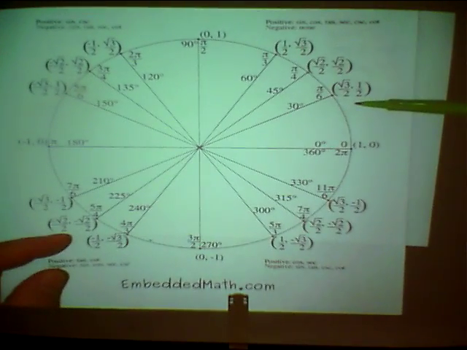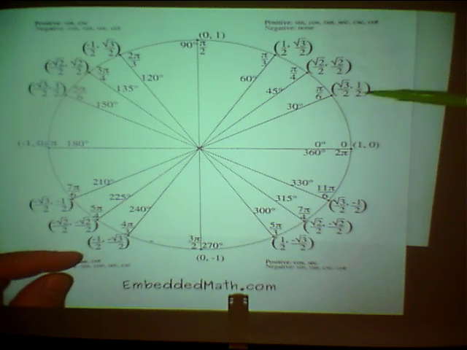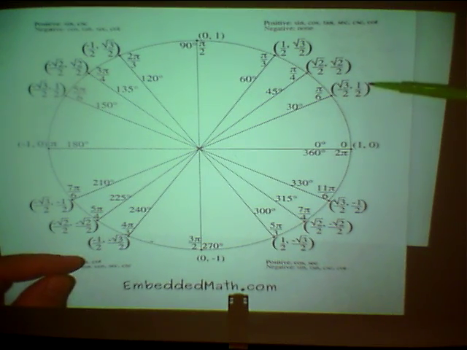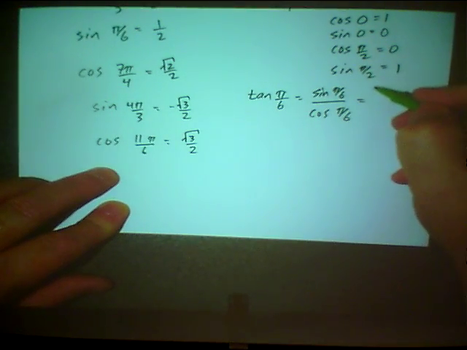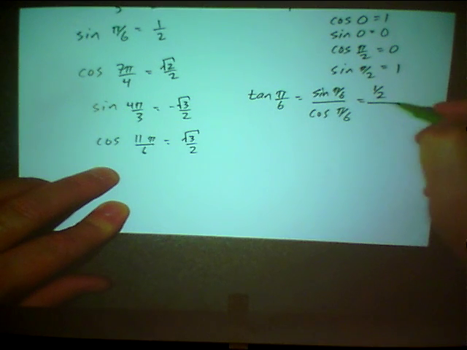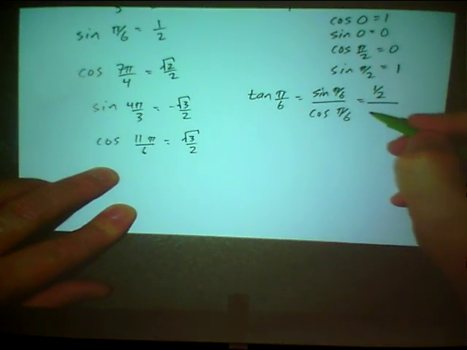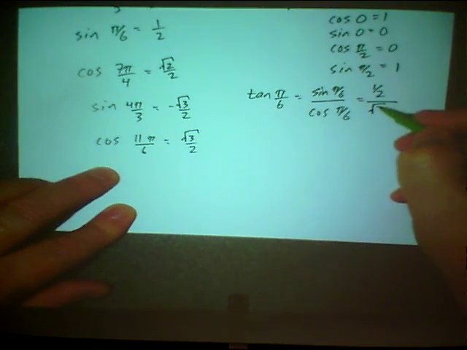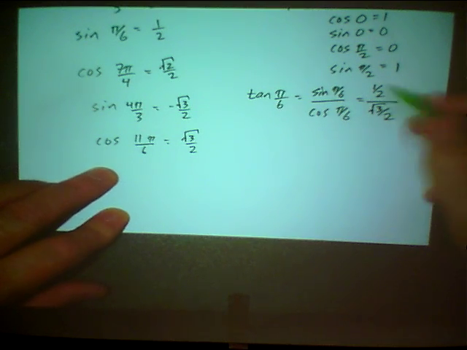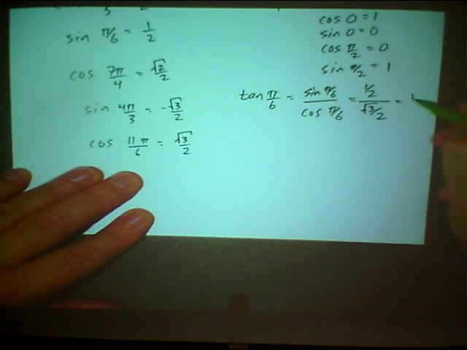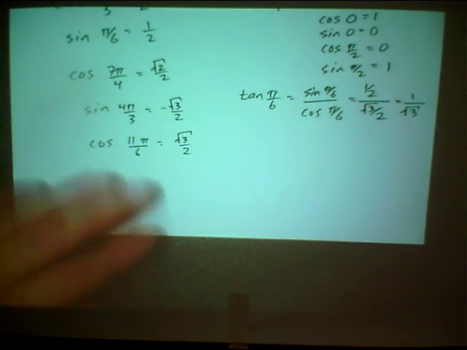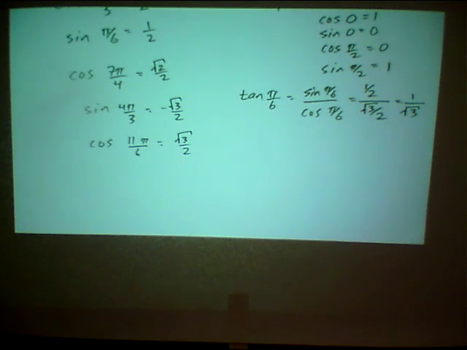It's right here. So I have 1/2 over square root of 3 over 2. So the sine of π over 6 is 1/2. The cosine of π over 6 is square root of 3 over 2. If we do a little bit of math here, turns out the tangent of π over 6 is 1 over square root of 3.